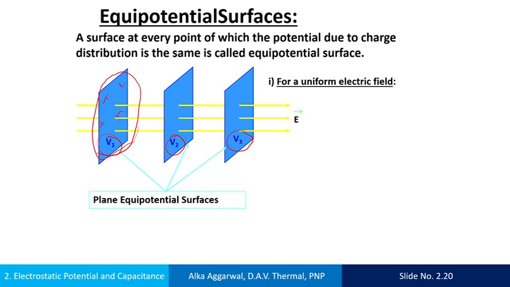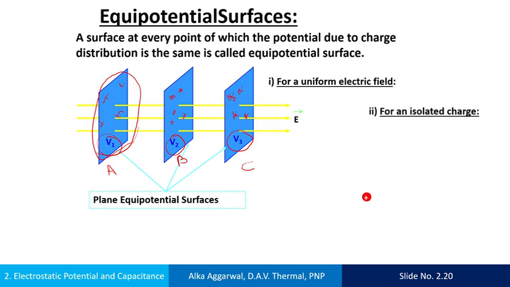Similarly, on this surface at all the points the potential is the same, but the potential of surface A is not equal to the potential of surface B and is not equal to the potential of surface C.